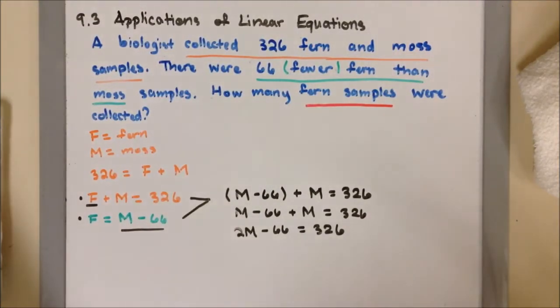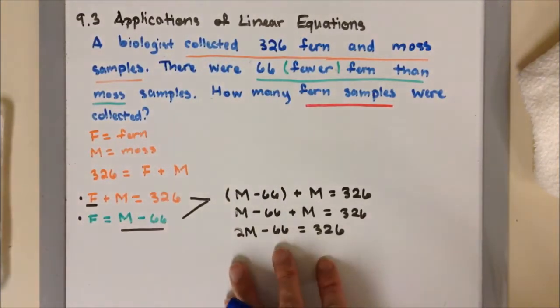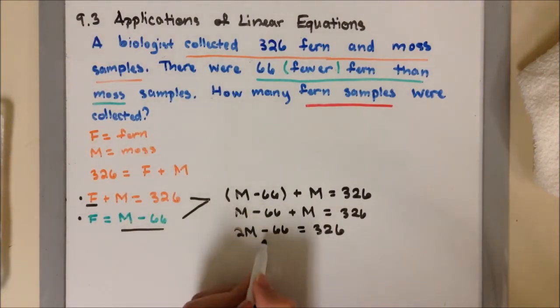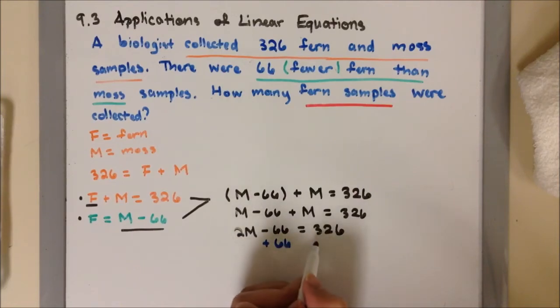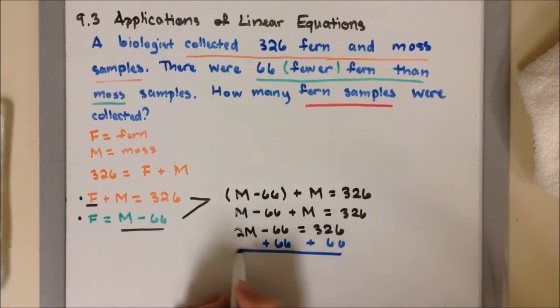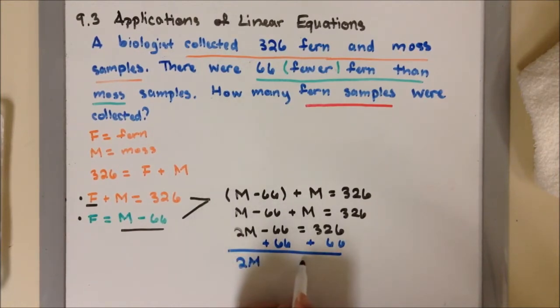So in order to solve this equation, luckily we have one variable, we are able to solve it. I'm going to cancel out the minus 66 by adding 66 on the left and adding 66 on the right. So it's going to be 2M is equal to 326 plus 66, which will be 392.